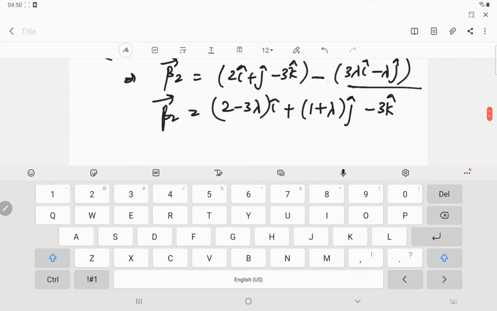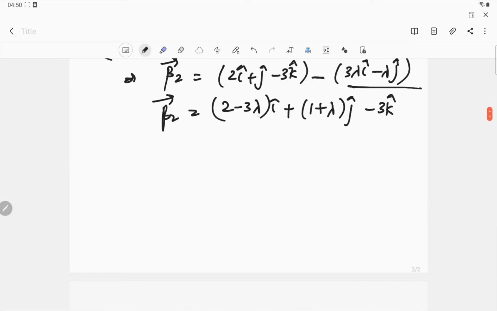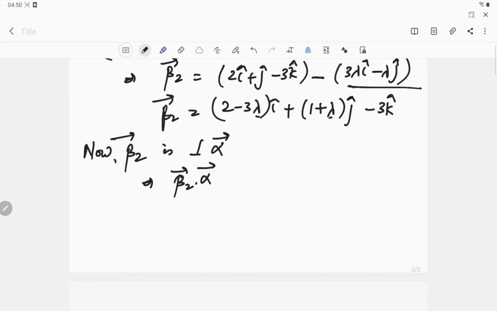Now to find beta 1 and beta 2 completely, we need to find lambda. For that we are utilizing that beta 2 is perpendicular to alpha vector. That means beta 2 dot product with alpha vector is equal to 0. This is again the property of dot product.